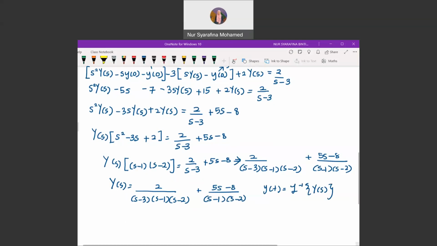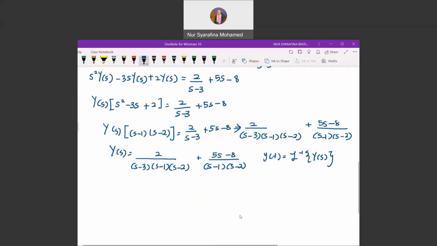Now we want to find y(t). Here Y(s) is 2 over (s minus 3)(s minus 1)(s minus 2) plus (5s minus 8) over (s minus 1)(s minus 2). We can combine this: 5s minus 8 times s minus 3, put it all together.